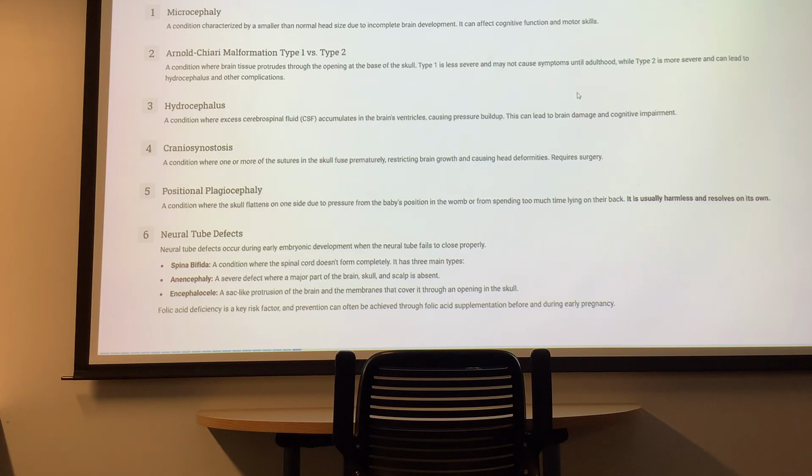And then positional plagiocephaly, where the skull flattens on one side due to pressure from the baby's position in the womb. If they were pressed up against one side and didn't move in there, it's going to cause a nice flat spot before they even come out, right? And then afterwards, if they're just left to lay there, they're not picked up, they're not held, they're not doing tummy time, then they get that flat back, right?